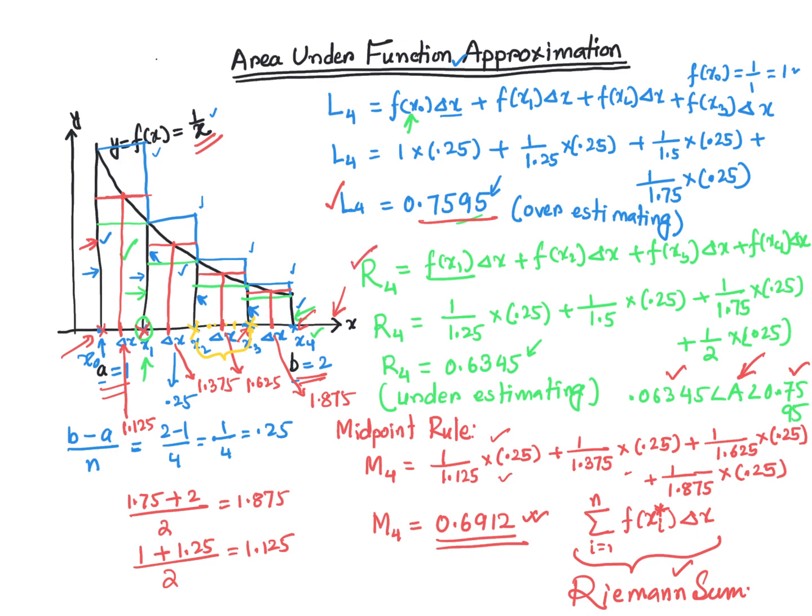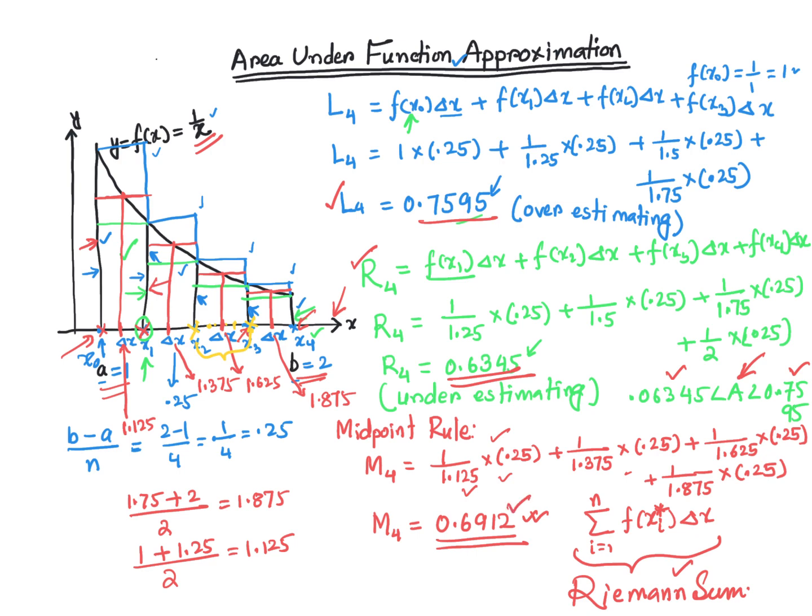We found the right sum by considering the right side of the rectangle as the height, and we got this value. Then we used the middle of the rectangle, which is the midpoint rule, and approximated that function, and this is what we got.